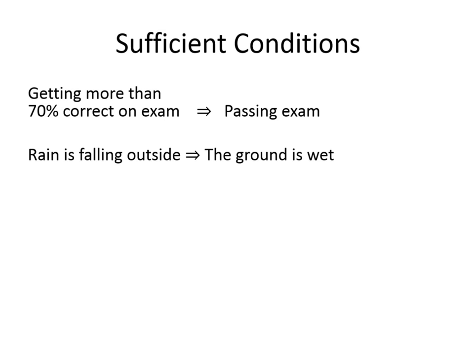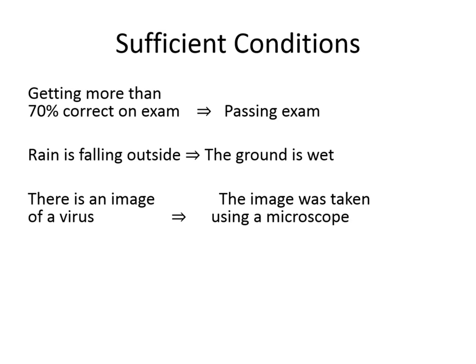So rain falling is a sufficient condition to conclude that the ground is wet, but it is not a necessary condition to conclude that the ground is wet. In another example, if you have captured an image of a virus, that is sufficient information to know, in our world anyways, that the image was taken using a microscope of some form.